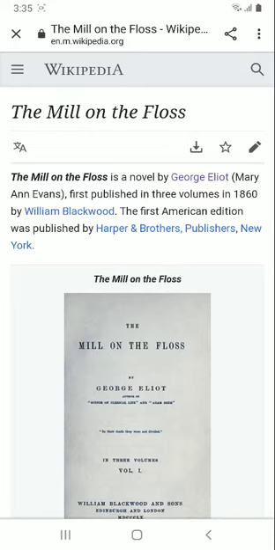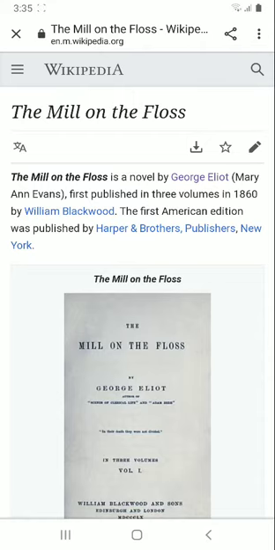This novel was written by George Eliot. It was first published in 3 volumes. This book was published in 3 volumes, 1, 2, then 3, in the year 1860. It was first published by William Blackwood.